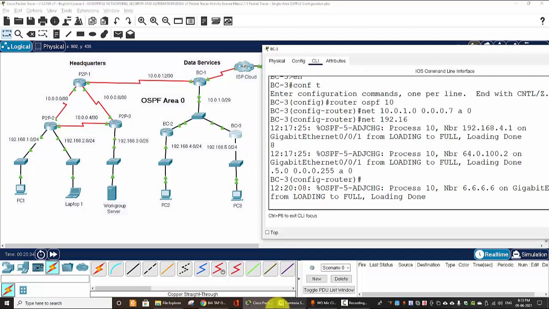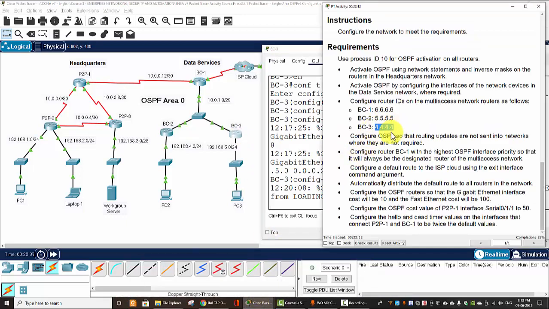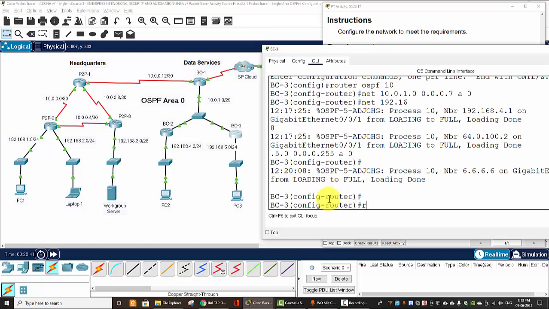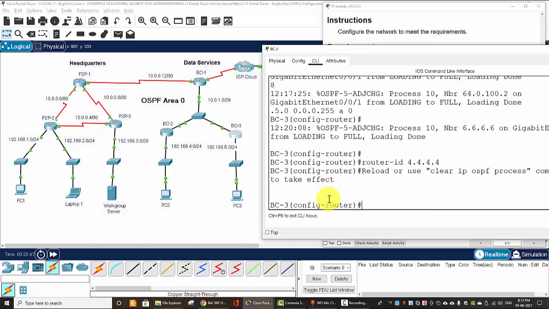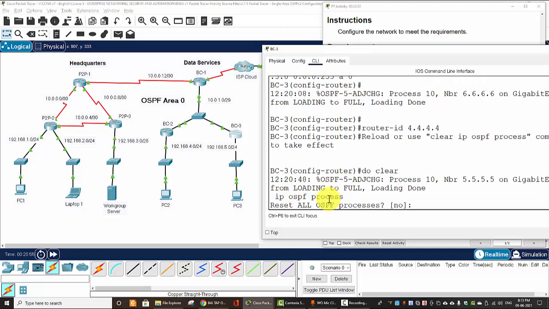And BC3, router ID 4.4.4.4, and we do clear ip ospf process. Yes.